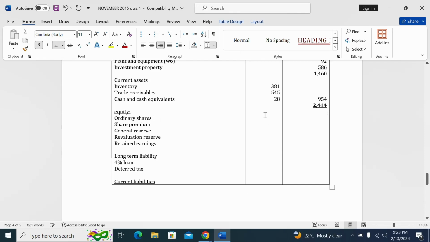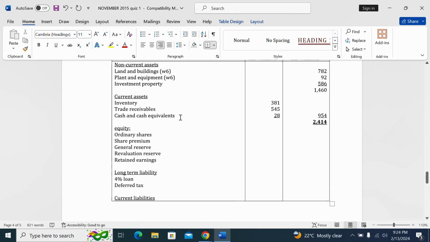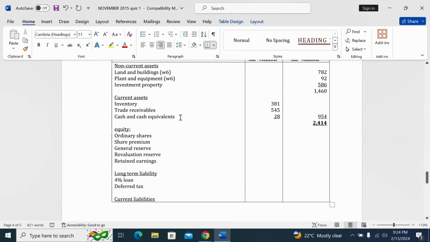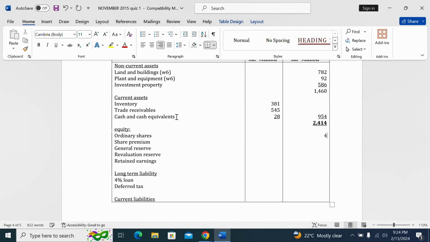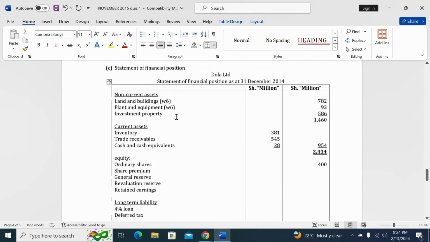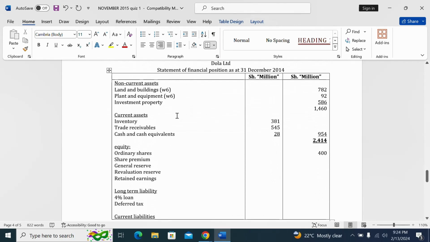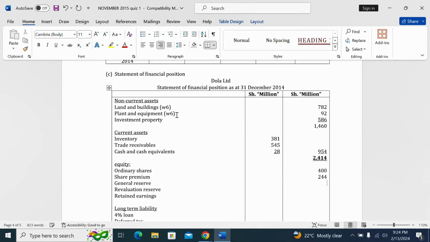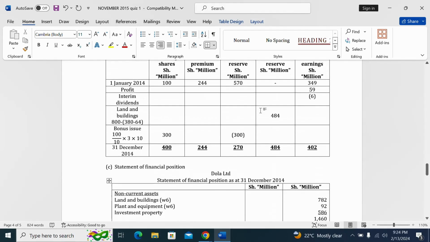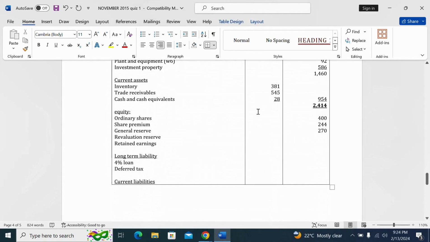Equity has not a lot of working because we have done the statement of changes in equity. Therefore, we are going to take these figures from the statement of changes in equity. Ordinary shares, 400 million. Share premium, 244. General reserve, 270. Revaluation reserve, 484.